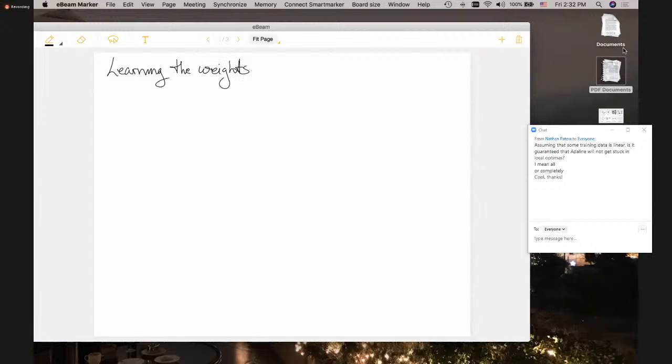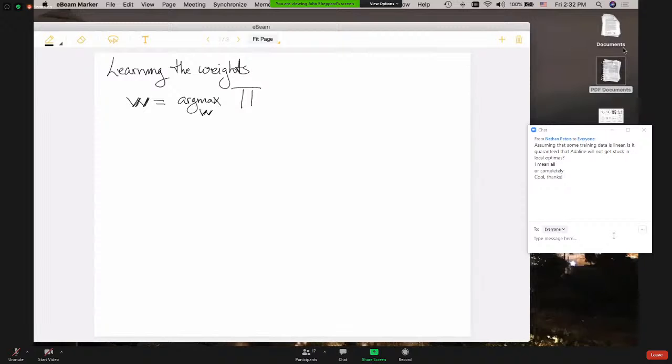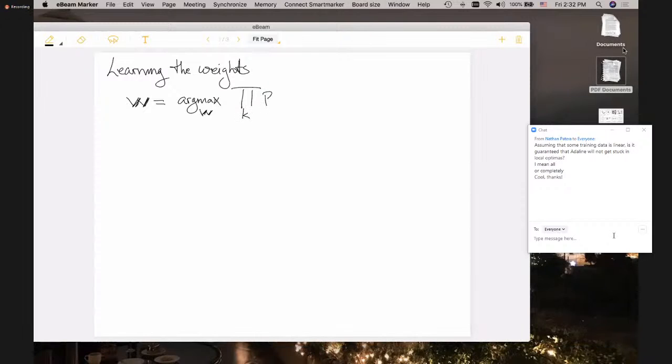To do this, keep in mind that what we are effectively doing is trying to find a vector of weights that maximizes, over the set of possible weights, this product. Now, some of the notation here to make sure that we're clear.